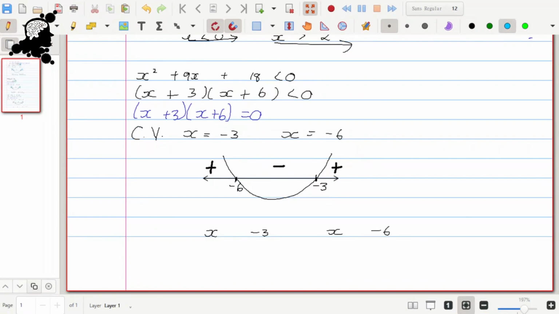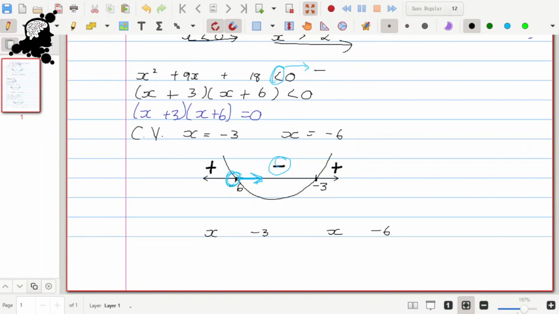Okay, now, notice something. The inequality sign says less than. Less than means I need to check where the graph is negative. Okay, I am at negative 6. To get to the negative sign here, I need to move to the right. When I am moving to the right, the x values are increasing.